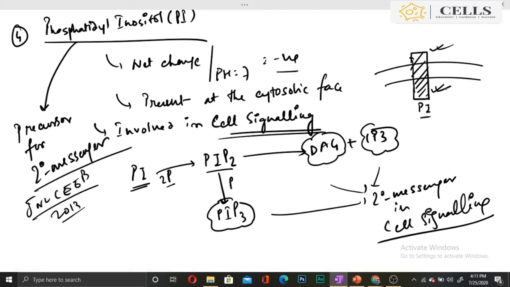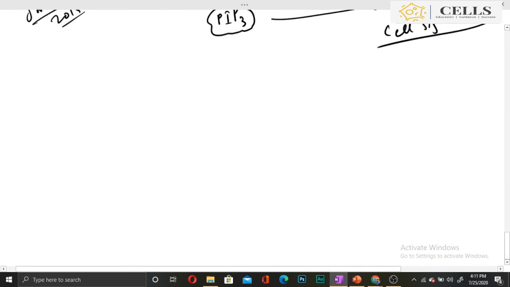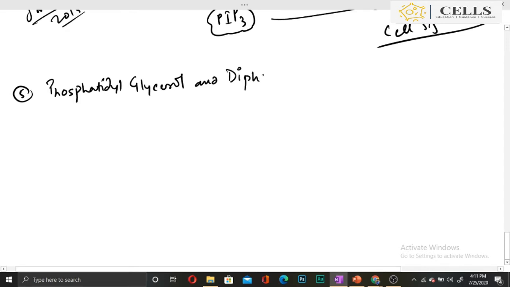Now, another important thing, which many books don't write, but questions do come from this portion. Fifth, that is phosphatidyl glycerol and diphosphatidyl glycerol.